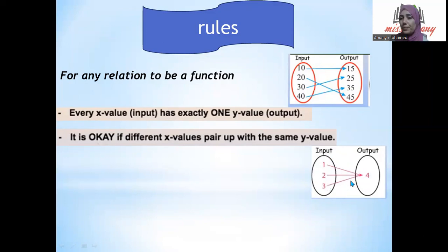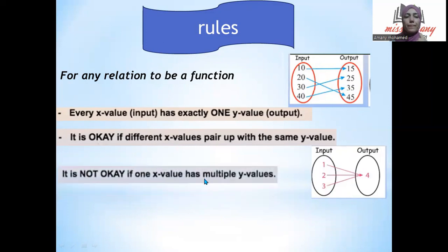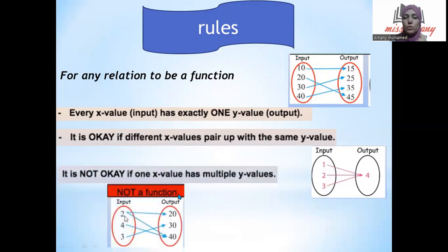It's okay, but each element has only one image. So it's not okay in this relation, because the first element has two images. So it's not a function.